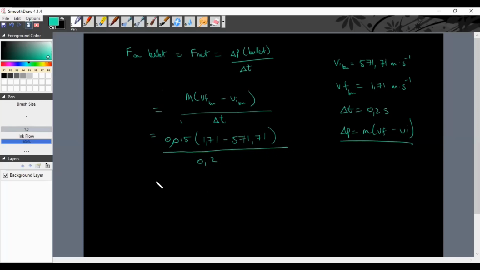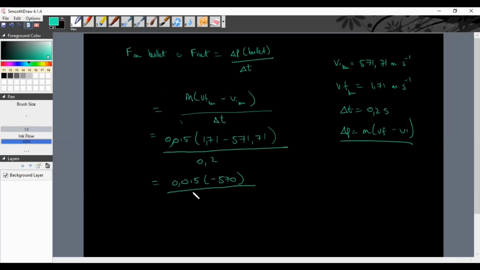And to simplify, I have 0.015 multiplied by negative 570, because 1.71 minus 571.71 gives you negative 570. In the same way, if you took 571.71 minus 1.71, you'd get positive 570.